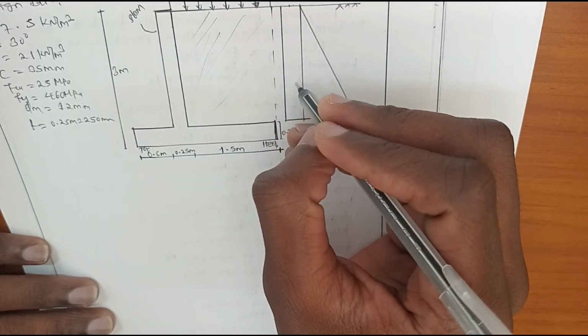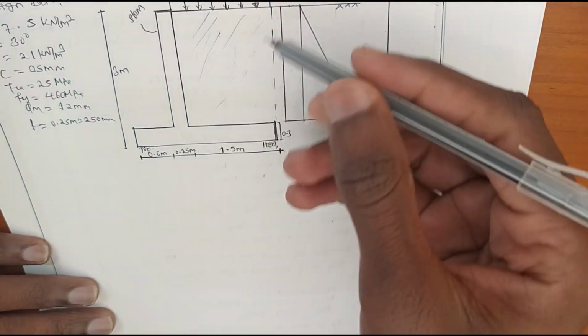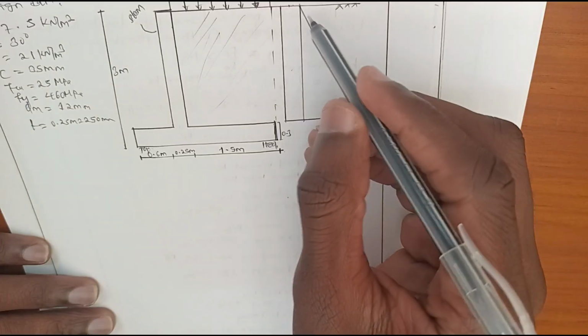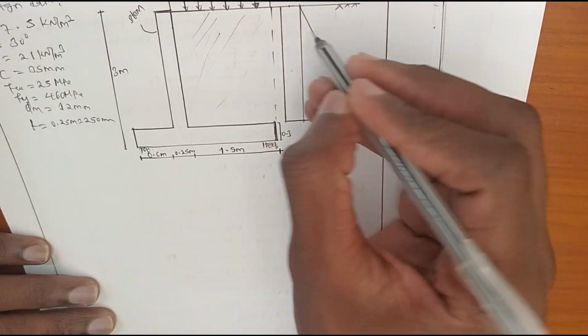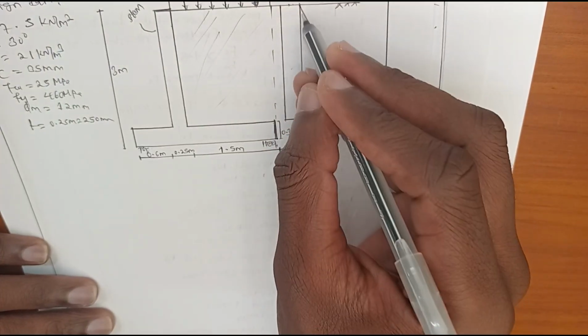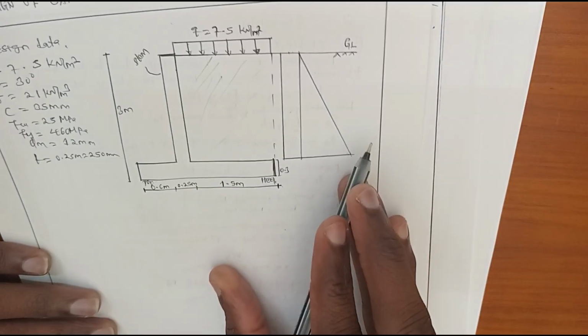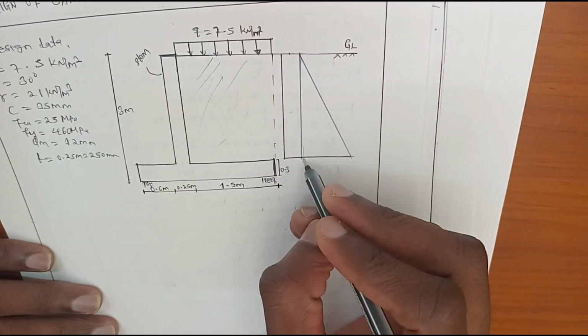So the pressure diagram due to surcharge is uniform, and the pressure diagram due to the soil usually varies linearly. The pressure diagram due to the soil is this one.